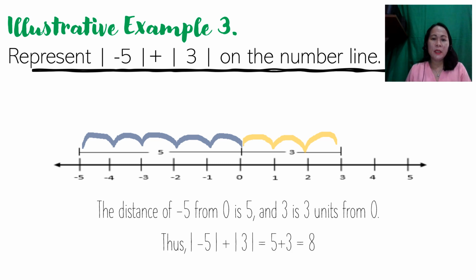The distance of negative 5 from 0 is 5, and 3 is 3 units from 0. Thus, the absolute value of negative 5 plus the absolute value of 3 is equal to 5 plus 3. Then the answer is 8.